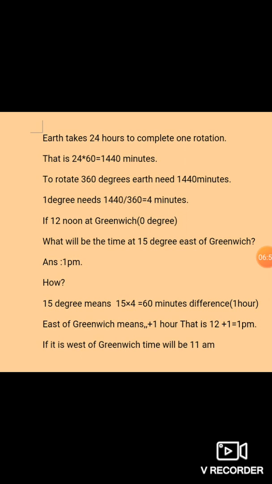Which is the standard meridian? 82.5 degree east. The local time at this meridian is taken as the standard time for the whole country. It is known as Indian Standard Time.